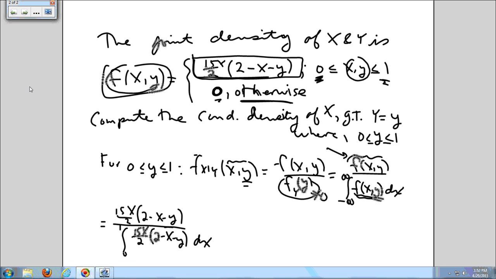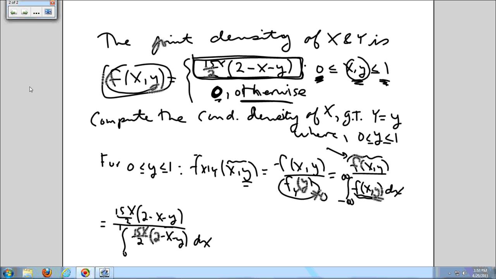If y is between 0 and 1, but x is not, we get 0. Because to use the top rule, both x and y have to be between 0 and 1.